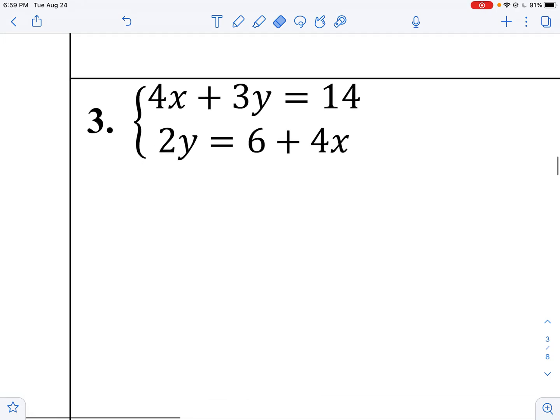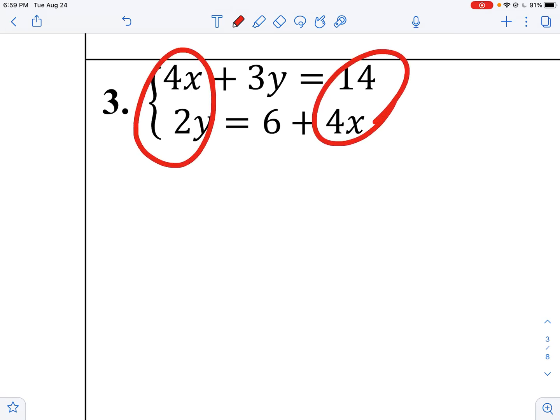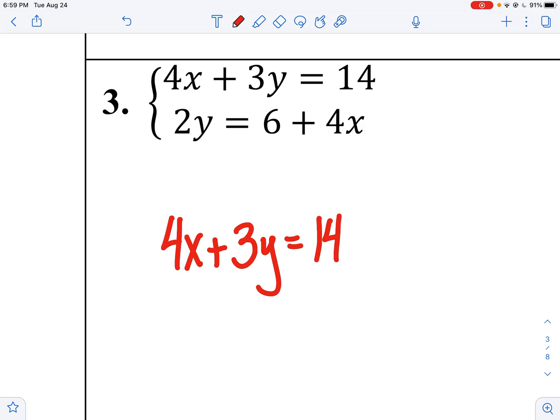But let's move on to something a little bit more challenging. Something like number 3. What happens when these are not already opposites? How in the world do I get elimination? Well, first of all, make sure that your variables are already in the correct order, right on top of one another, and everything's organized well so that you can identify whether or not you need to do that.